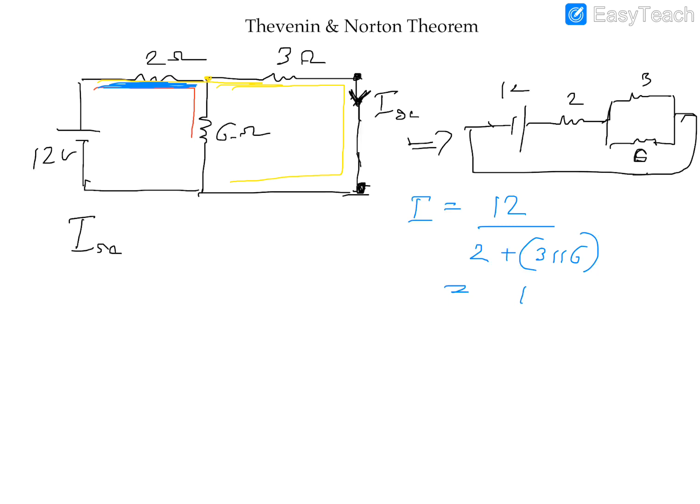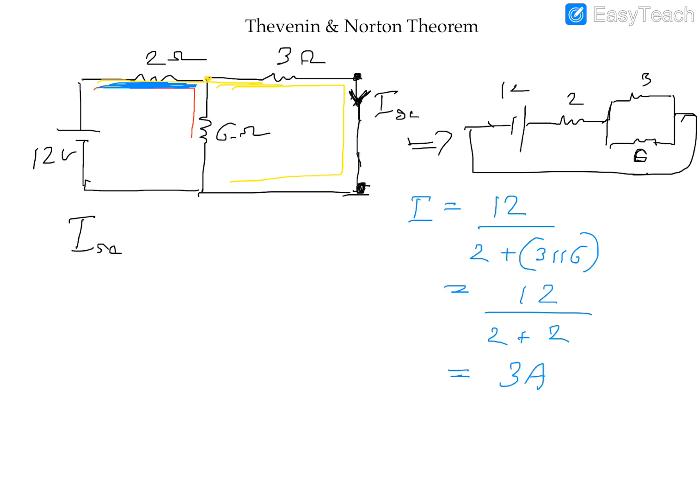That is 12 divided by, well, if you have 3 ohms and 6 ohms in parallel, that would be 6 times 3 divided by 6 plus 3. So 6 times 3 is 18 divided by 6 plus 3 is 9. That would give you another 2 ohms. So your main current through this circuit would be 12 divided by 4, which is 3 amperes.